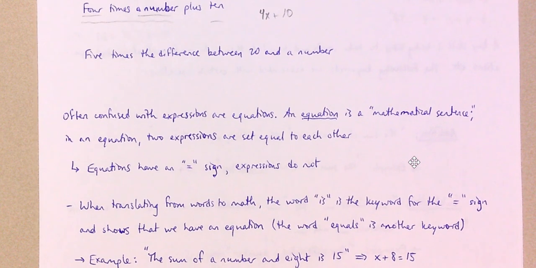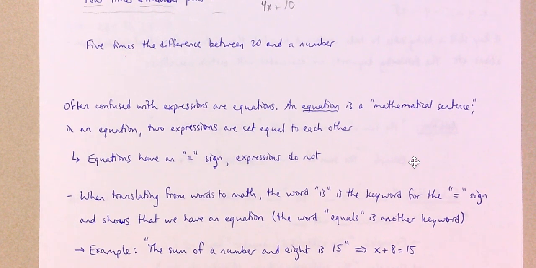And how do we sort of take a sentence and translate it into an equation? We're looking for a particular keyword, and that particular keyword is the word is. The word is the keyword for the equal sign, and that shows that we have an equation.